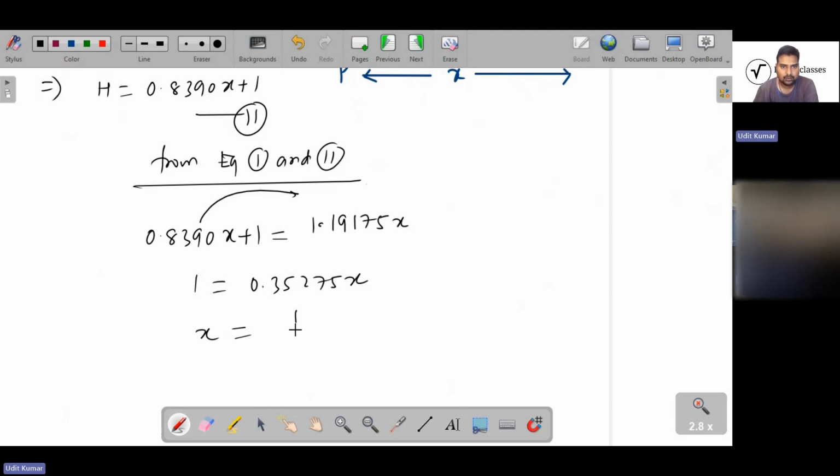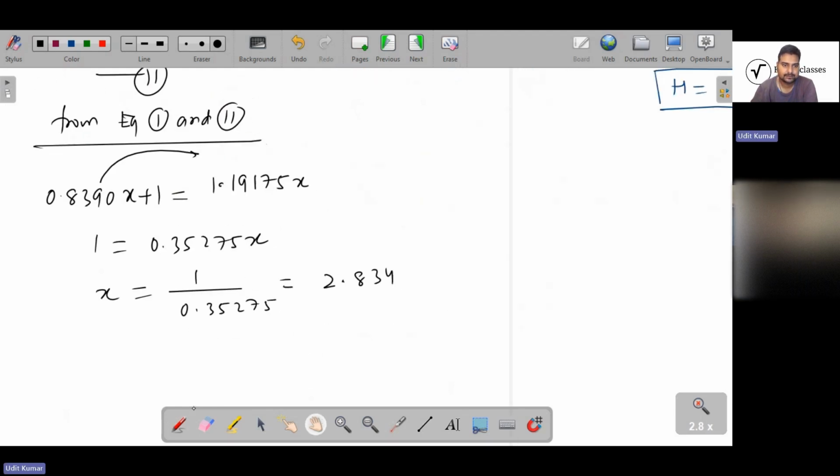So x will be 1 divided by 0.35275, which equals 2.834.